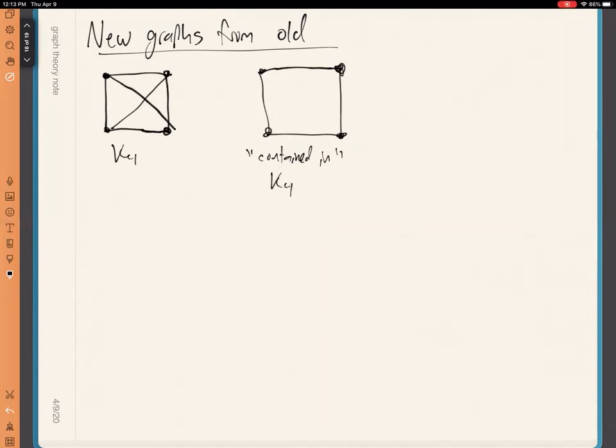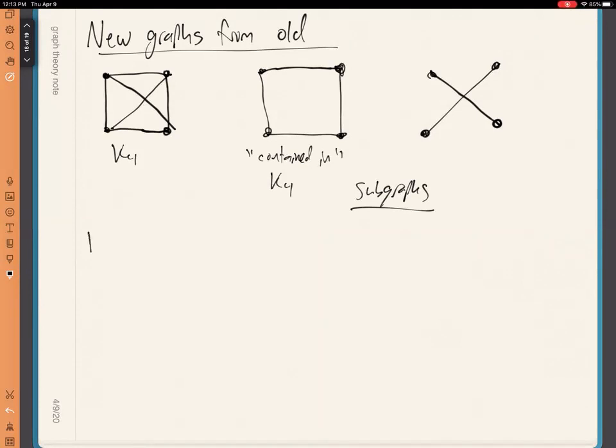And similarly, if I delete the edges that make up this square and leave in everything else, I would get this graph that looks like an X. Both of these things look like they're contained in K4. They're somehow smaller graphs that are embedded inside of K4. And so both of these are also examples of subgraphs. So instead of subset, they're subgraphs, but otherwise, it's the same idea.